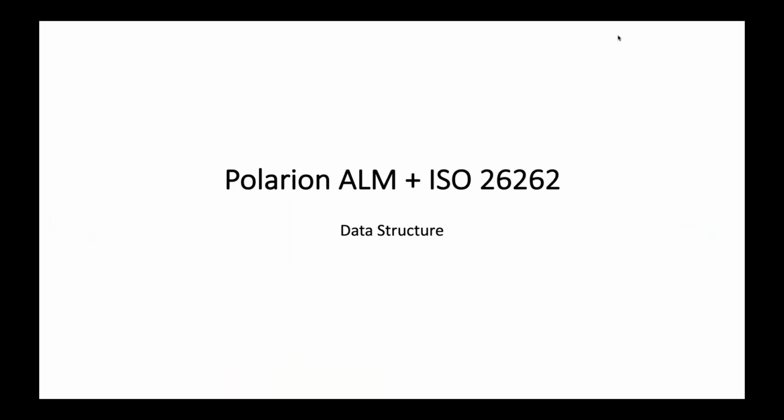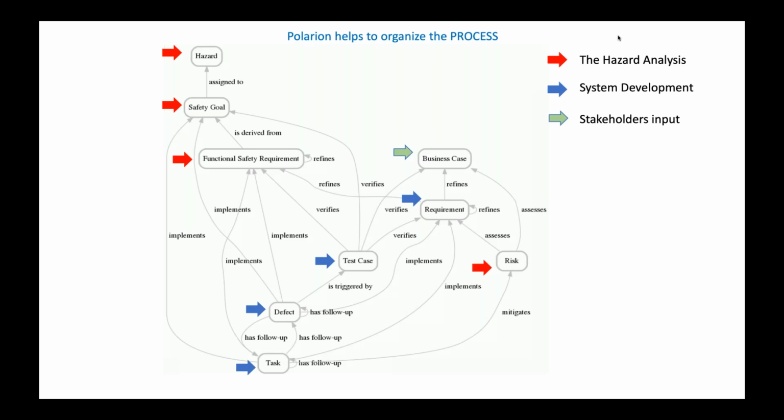So now let's look at the template, because we have only 10 minutes left. So this is the data structure which is part of the template. You can see that we have some red items for the hazard analysis. It's called hazard, safety goal, functional safety requirement. Then we have some blue items for the, let's call it, normal development of software or system development.